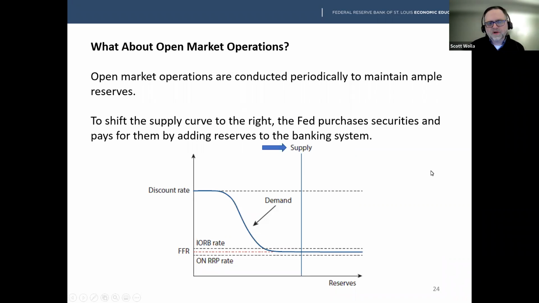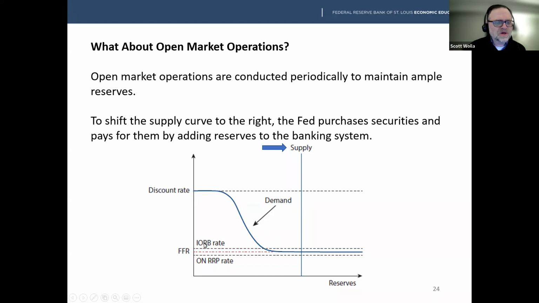So what about open market operations? Open market operations are conducted periodically to maintain ample reserves. The primary function of open market operations these days is to make sure that the supply curve stays in the flat portion of the demand curve. Assets roll off the balance sheet as they mature, and eventually, if it was unmaintained, the supply curve would drift back and start operating in the sloped part of the demand curve.